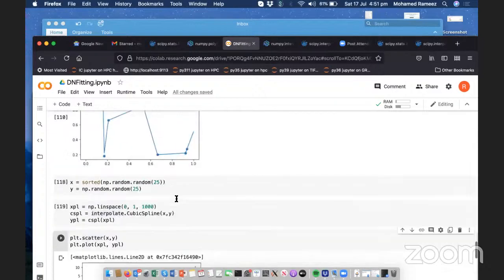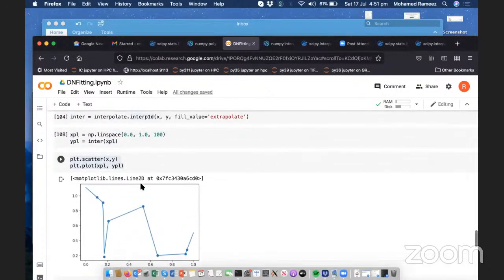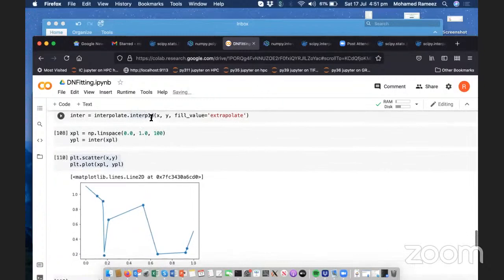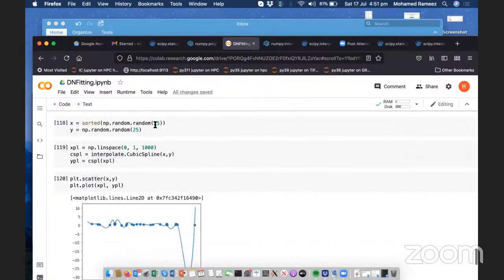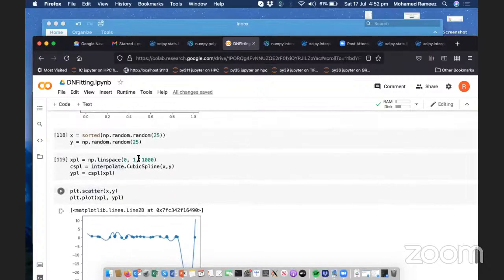You'll notice that unlike in the case of linear interpolation, or one-dimensional interpolation, which is what interp1d is, here each section between two points is represented by a cubic polynomial in such a way that the two points plus the condition that its slope with respect to the next section of the cubic polynomial has to be continuous are used to constrain the polynomials, and then you get this cubic spline.